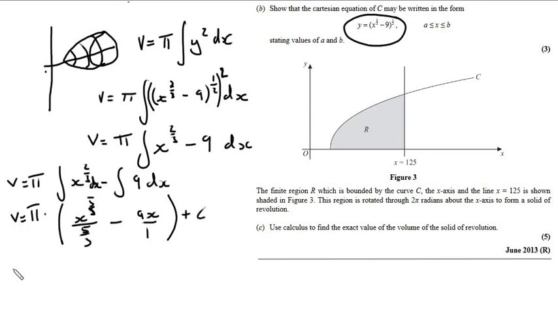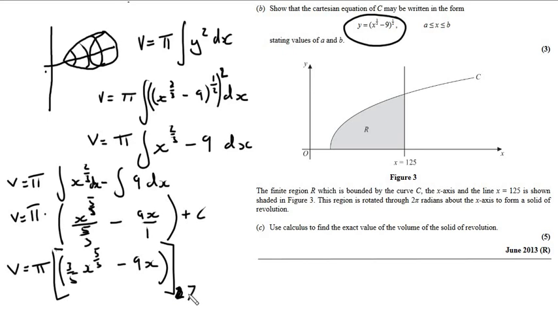So this simplifies to the volume is equal to pi times 3/5 x^(5/3) minus 9x, and this is being evaluated between 27 and 125.